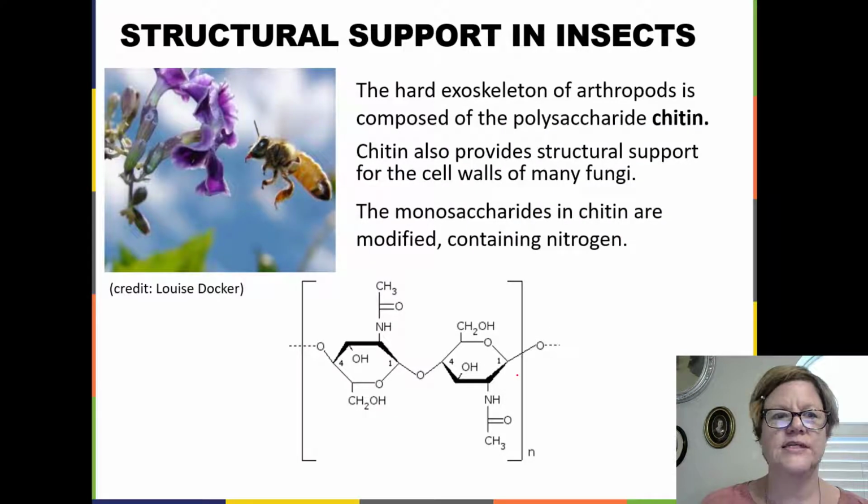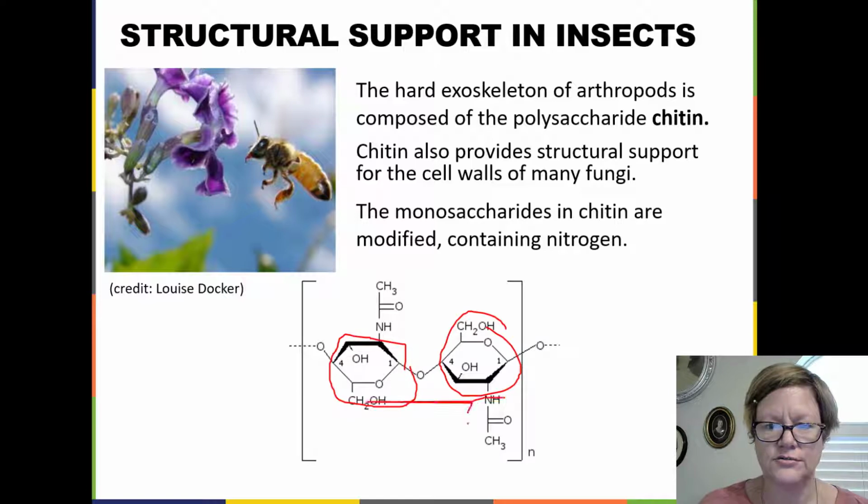And then the last one is chitin. Chitin makes up the exoskeleton, the hard, crunchy part of the insects. And for the fungi, it makes up the cell wall. Fundamentally, chitin is a polysaccharide. It's not just glucose, though. You can see the glucose structure here and here, but there's some things attached onto it.